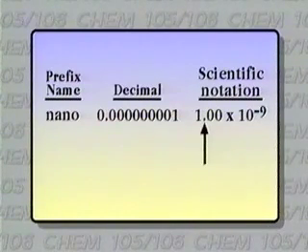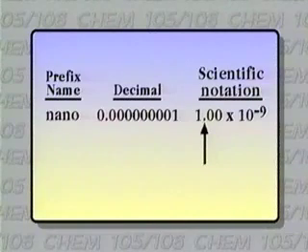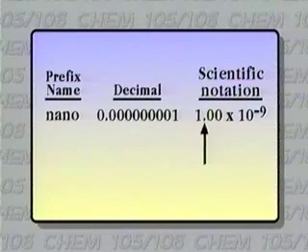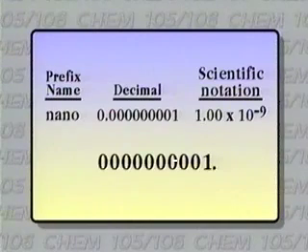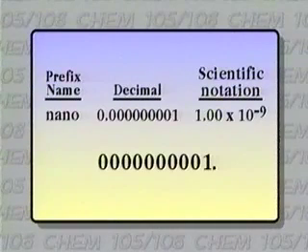We would have to divide the number by 10 nine times. Or in other words, we're going to need to move the decimal point 9 places to the left. So the negative sign would mean we're moving the decimal back to the left 9 places in order to get back to our original number.